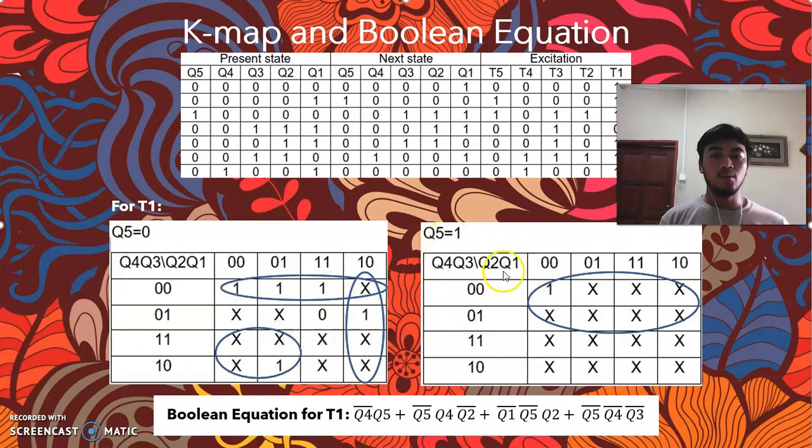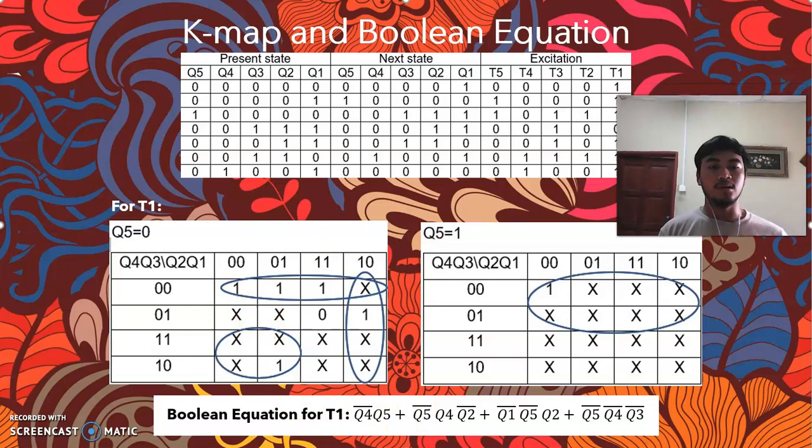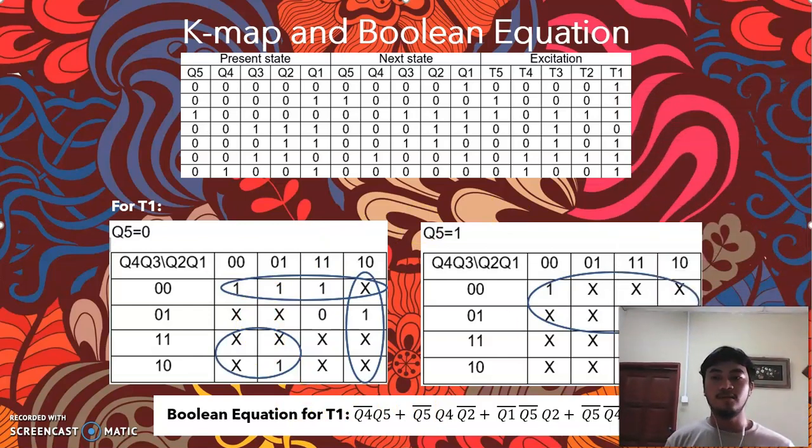And how we combine them is we put OR, like we add every single expression in this K-map, and then the K-map for Q5 equal to 1. That's how we do it in this project.